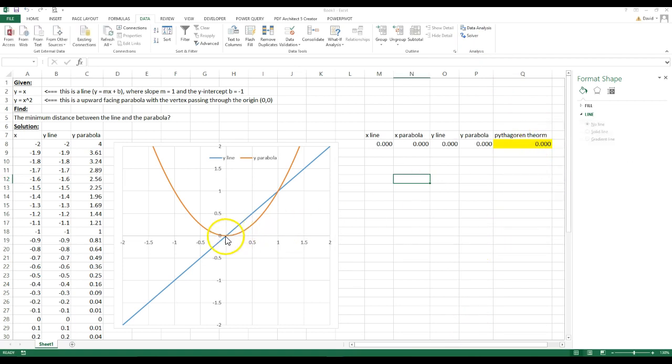And sure enough, it zoomed in on this point now. So depending on where you start, Solver will zoom in on one of the two solutions. The first time I started up here, so the closest thing was here. The second time I started over here, so it came in on this solution. But my point is, even if the lines touch or intersect, it still finds the answer. So this is very powerful. The only thing is sometimes there might be more than one solution.